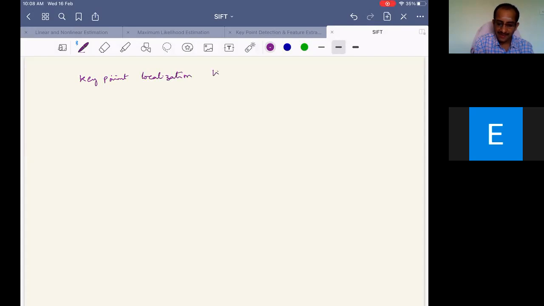Like Harris corner detector and Moravec operator. In fact, this has been proposed on similar lines as these methods.